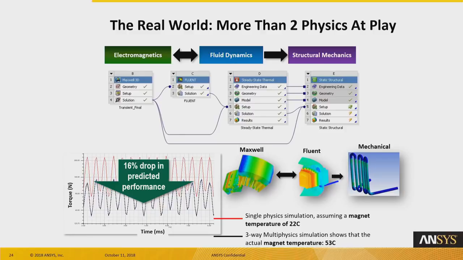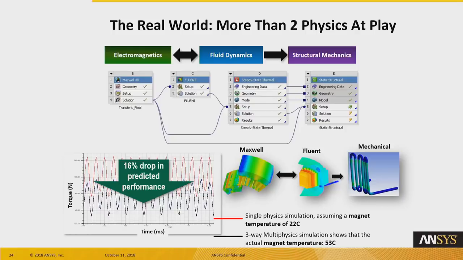In this particular case, the electromagnetic field that is generated in the coils of the electric motor gets dissipated. It generates the heat. This heat can significantly change how the conductors behave. It will change the electrical conductivity. And it can also significantly contribute to the fatigue and durability of the solid materials that comprise the electric motor.